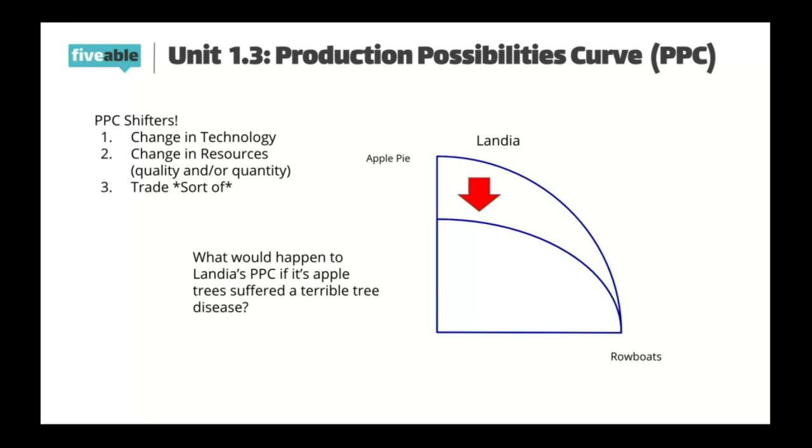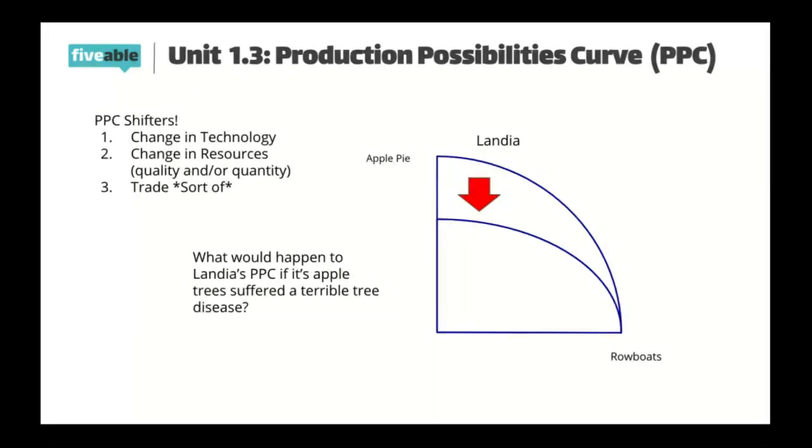The actual production possibilities curve is going to shift inward because there's less apple pie. Now, they're making rowboats over there. This is consumer goods in this one. But Landia is going to have to shift downward in that apple pie. Since the apple trees aren't used for rowboats, rowboats remain unaffected.